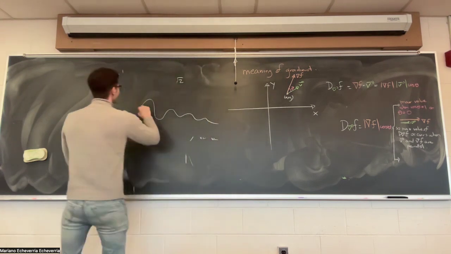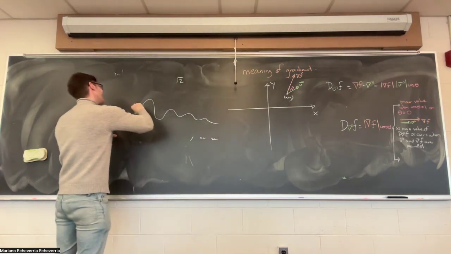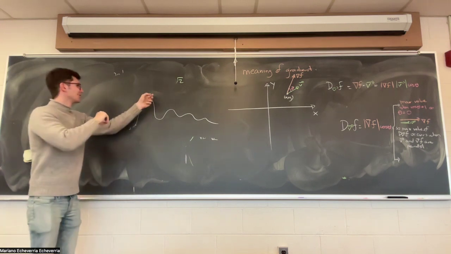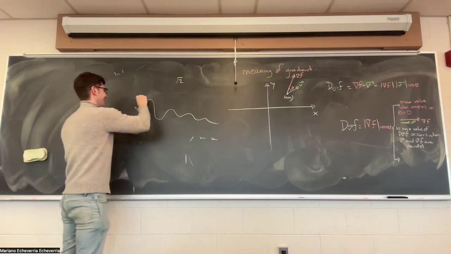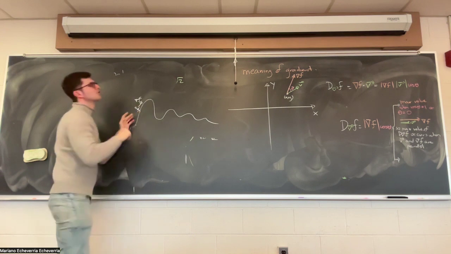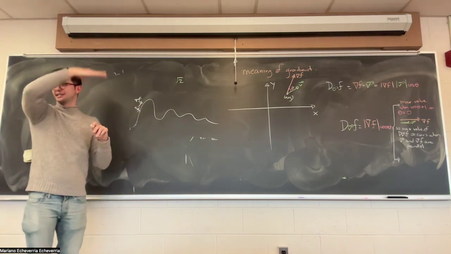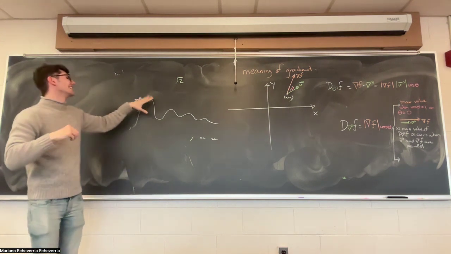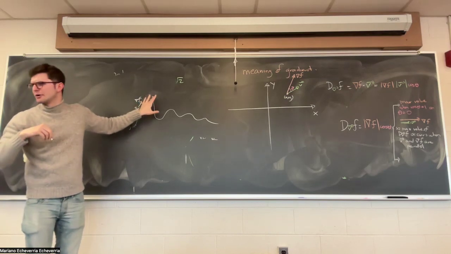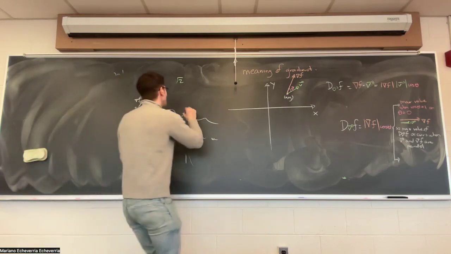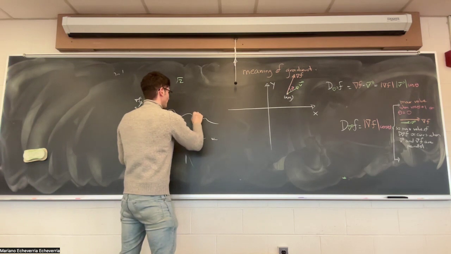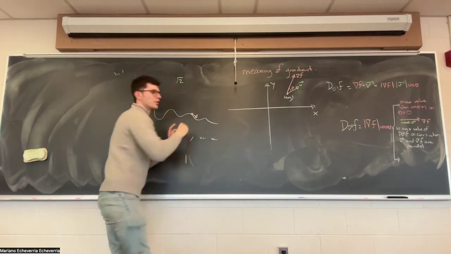If you are here, then the gradient will point towards this peak, if you think of the function as the height above sea level. In this case, that would happen to agree with the absolute max of the function. But if you happen to be here, then the gradient would point towards this peak.